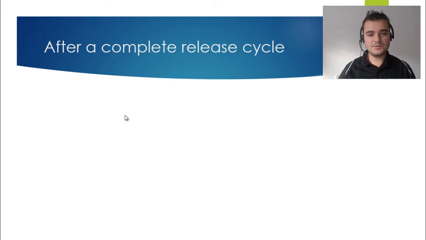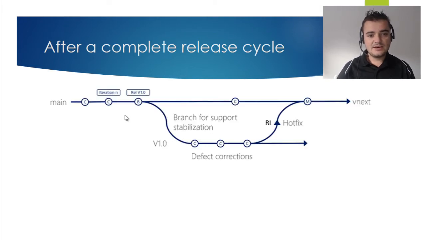we can see that after we complete a release, we may think about creating a branch called version 1.0. This is kind of a stabilization branch, and then you can do your fixes on it, and in the end you can do a reverse integration merge to your main branch, and then all your fixes will be applied to the main branch, and you have your fixes applied in your version 1.0 and also in main.